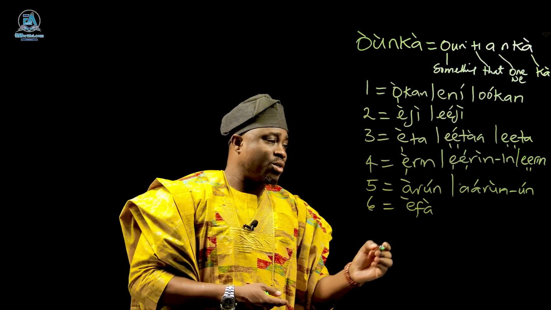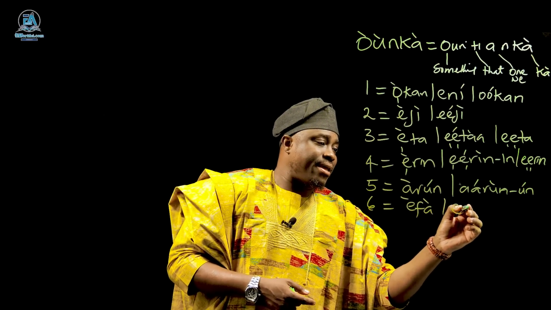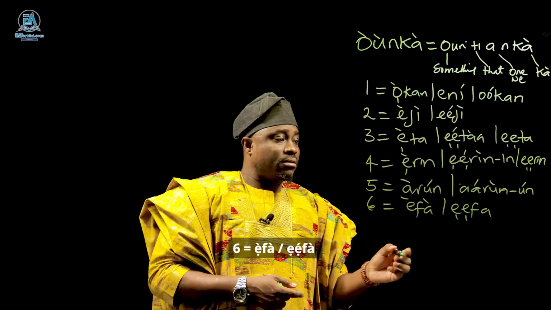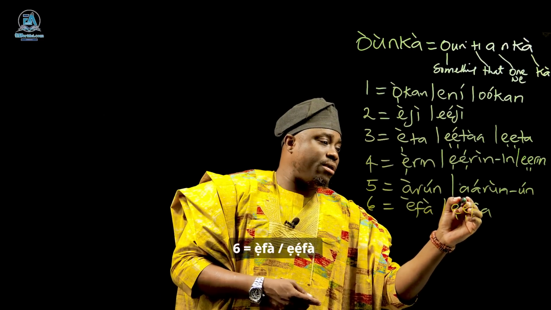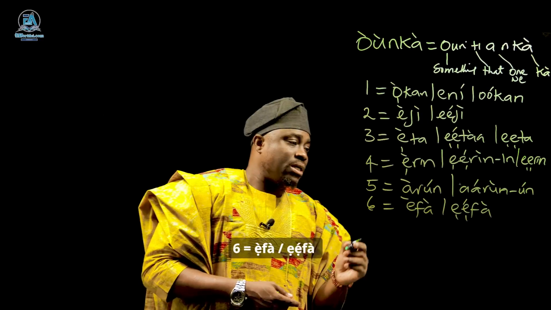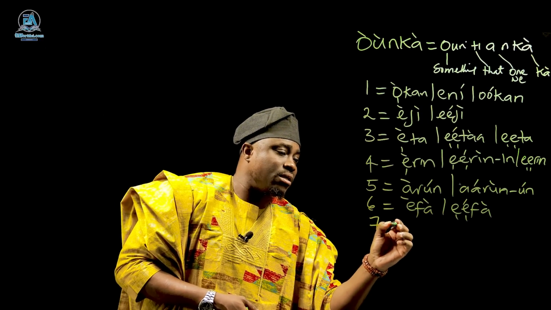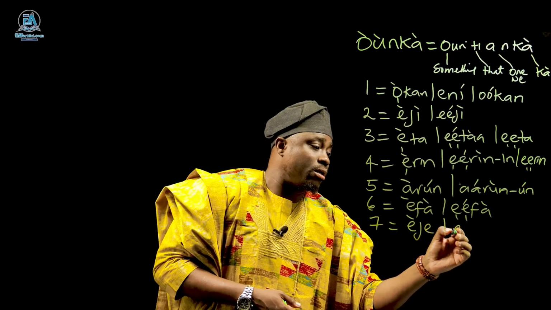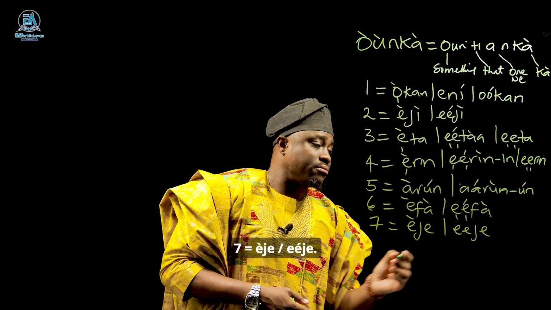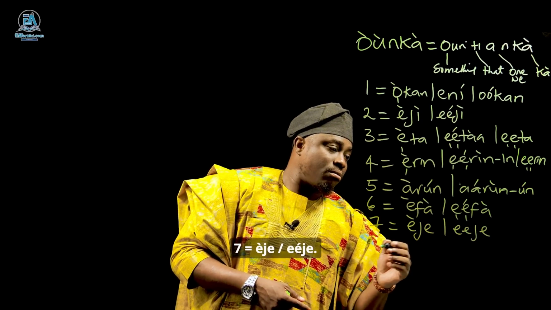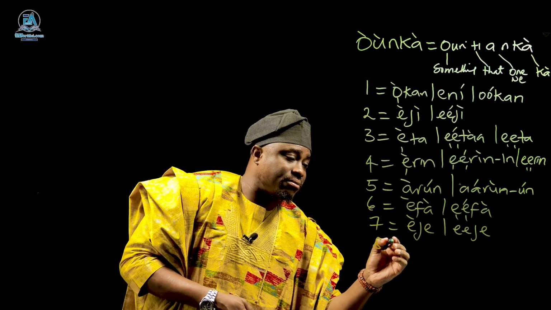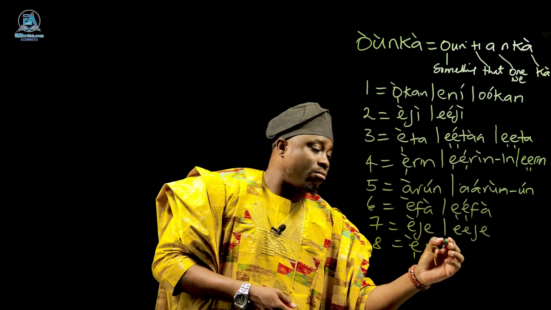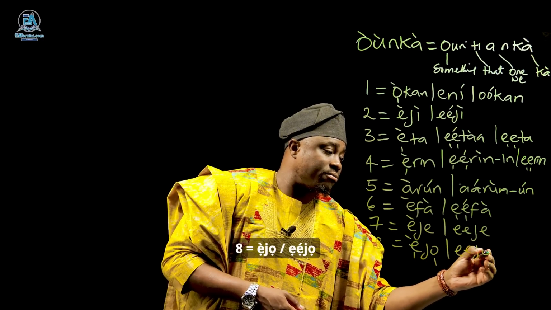Then 6 is ẹ̀fà, dodo, or you say ẹ̀fà, rémí, do, rémí, do. Then 7 is èje, do, re, or èje. Then 8 is ẹ̀jọ, do, re, or ẹ̀jọ.